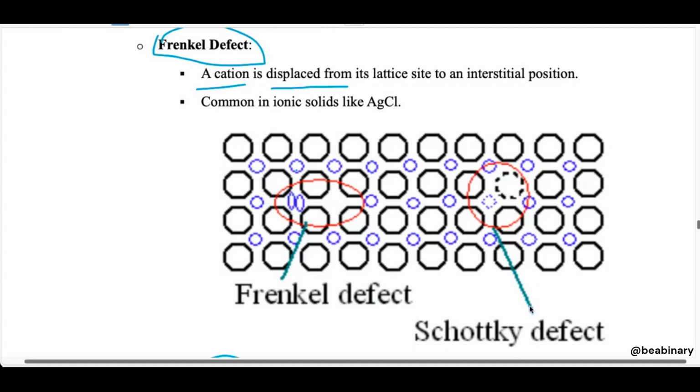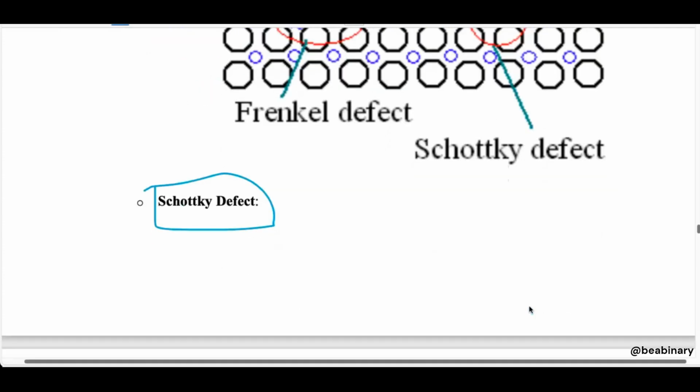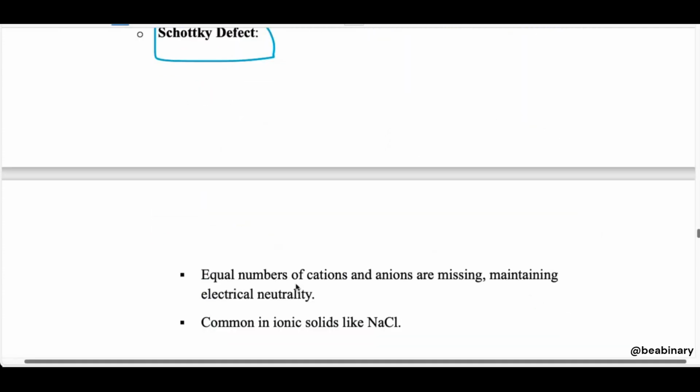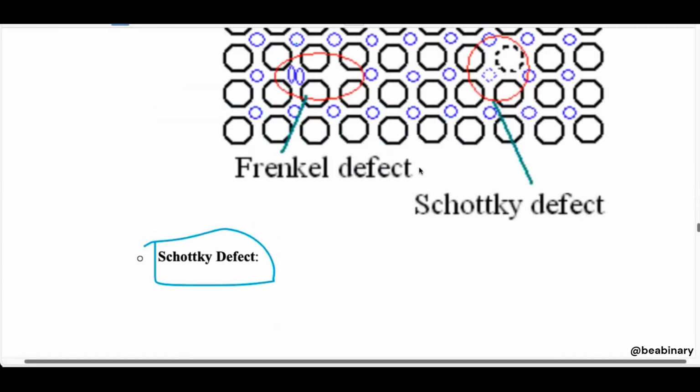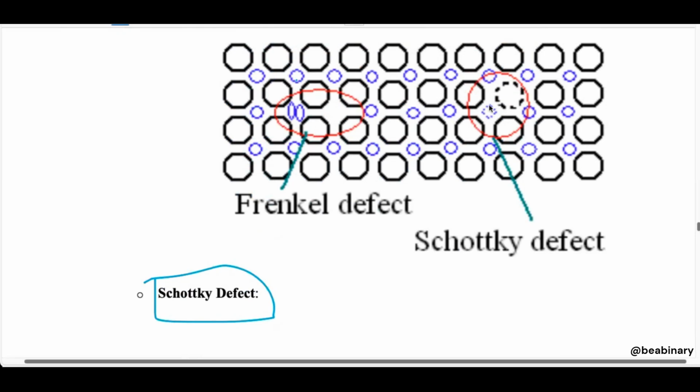And if we talk about the Schottky defect, okay, so here you can see equal numbers of cations and anions are missing, maintaining the electrical neutrality. Okay, so here this one is cation, the positive charge, and this one is the negative charge. Both are missing together. Both missing together means they are a kind of vacancy, right?